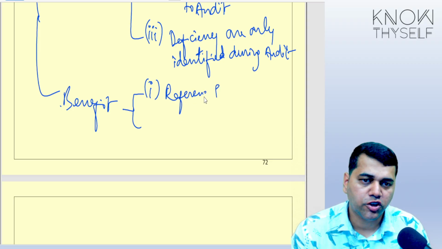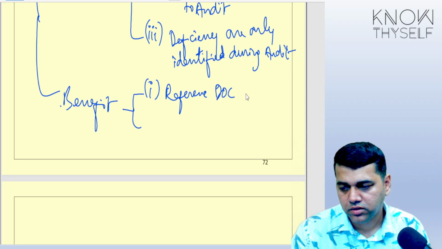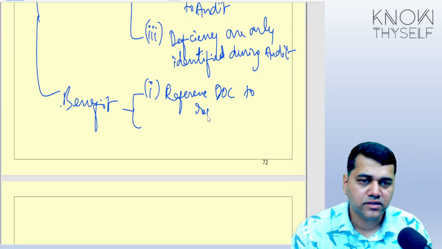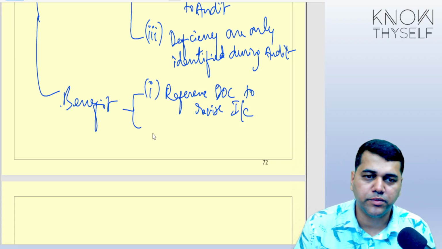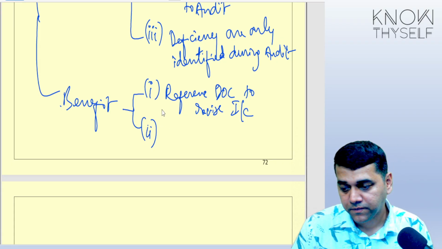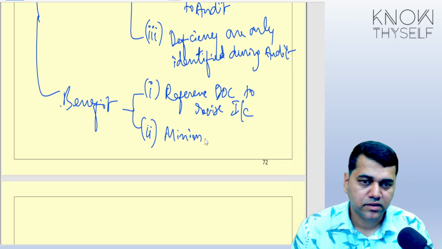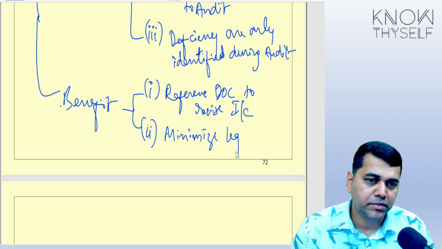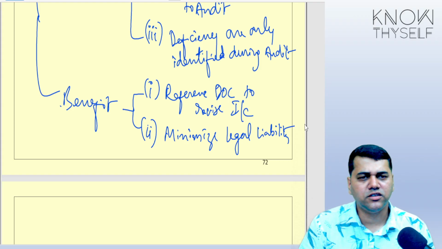One, a reference document to revise internal controls. It will help them as a reference document so that they can revise the internal controls. Who? The management. Two, minimize legal liability. For whom? The auditor. That's it.